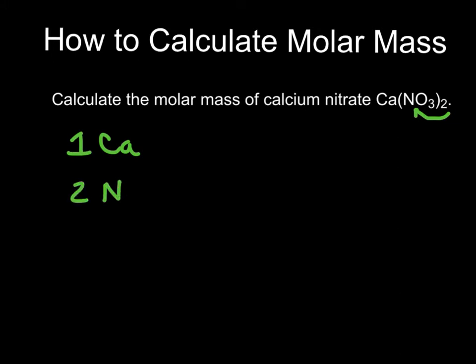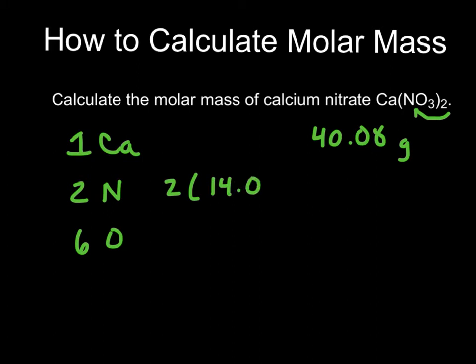and 6 oxygens. Now looking up the masses on the periodic table, we see that the mass of 1 calcium is 40.08 grams per mole. 2 nitrogens, we take 2 times the mass off the periodic table, 14.01, and we get 28.02 grams per mole.